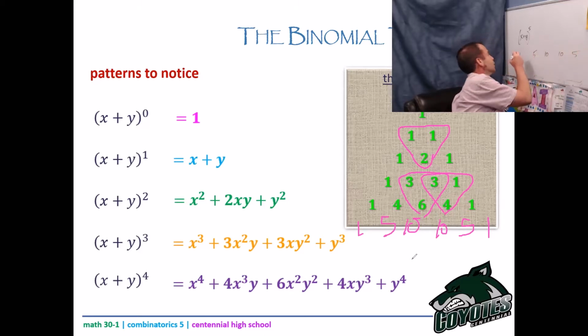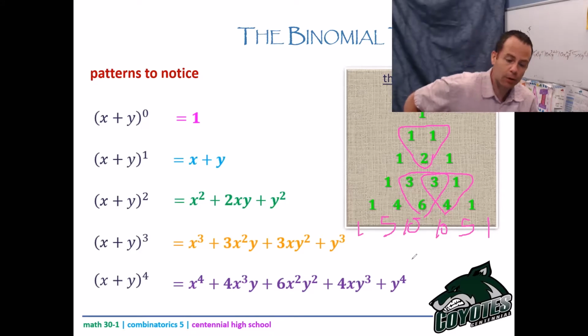And so then I go, this is x to the 5, x to the 4, x to the 3, x to the 2, x to the 1, x to the nothing, y to the nothing, y to the 1, y to the 2, y to the 3, y to the 4, y to the 5. And so I end up with, there's my expansion. Okay.